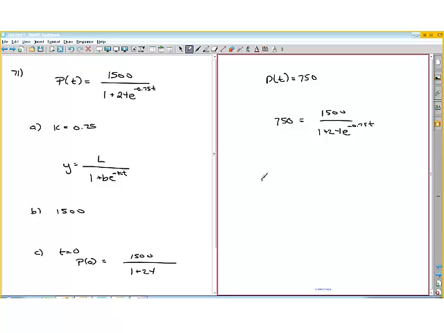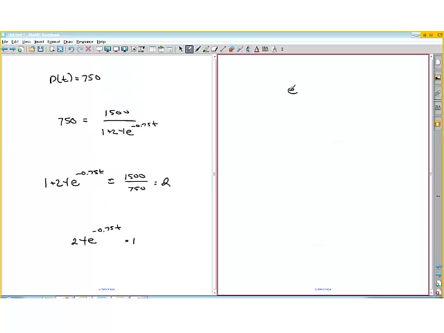So I get 1 plus 24e to the minus 0.75t is equal to 1500 divided by 750, which is 2. If we subtract 1 from both sides, we'll get 24e to the minus 0.75t is equal to 1.